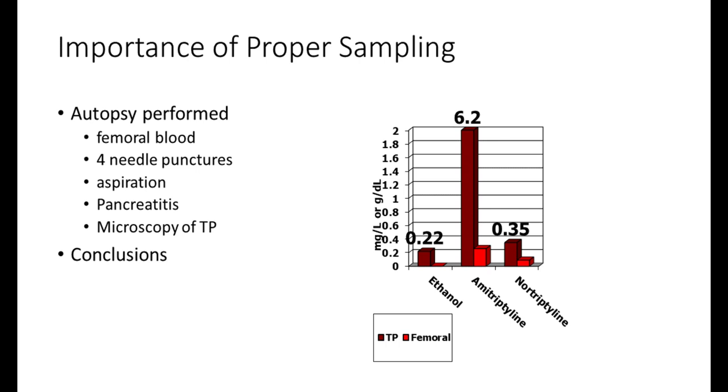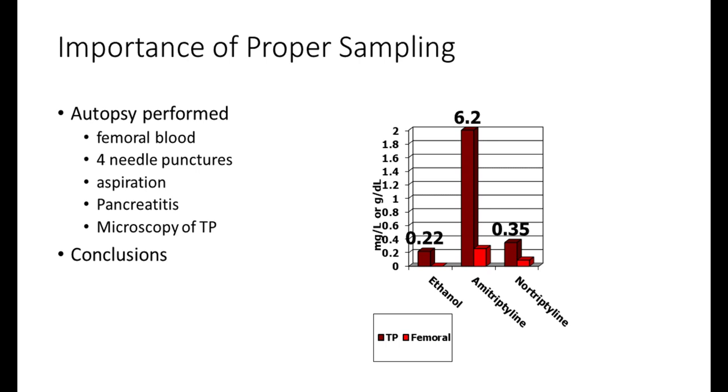And one of the reasons for that is that if you have aspiration of gastric contents, you can aspirate some bacteria, which will then merrily go along their way and produce some ethanol. There is no real ethanol in this case. All of that is a postmortem or pre-analytic artifact. And the amitriptyline concentration and the nortriptyline concentration are perfectly normal in this case.